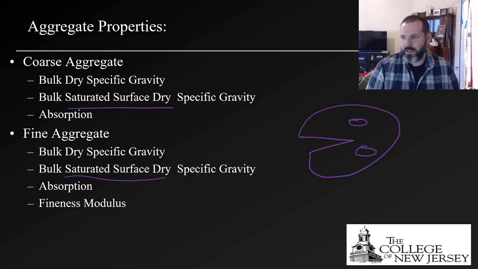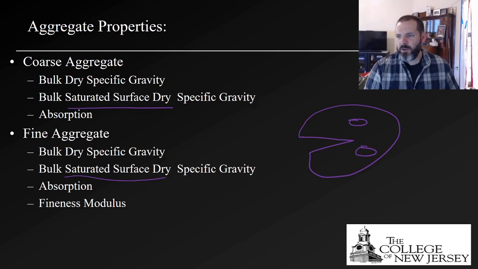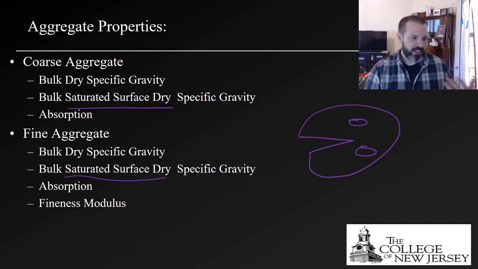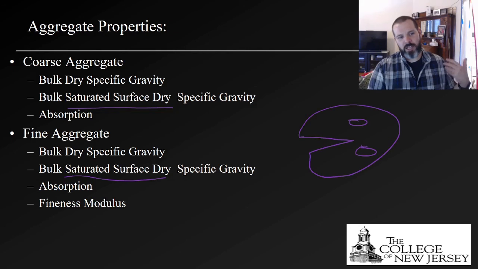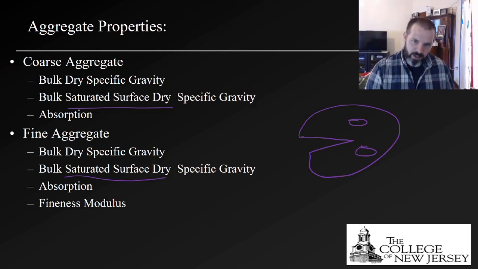So inside here, we have some voids that are completely cut off from the outside. They're just empty voids. Nothing can really get in or out of them without a long time to absorb. Here, though, we have an external void.